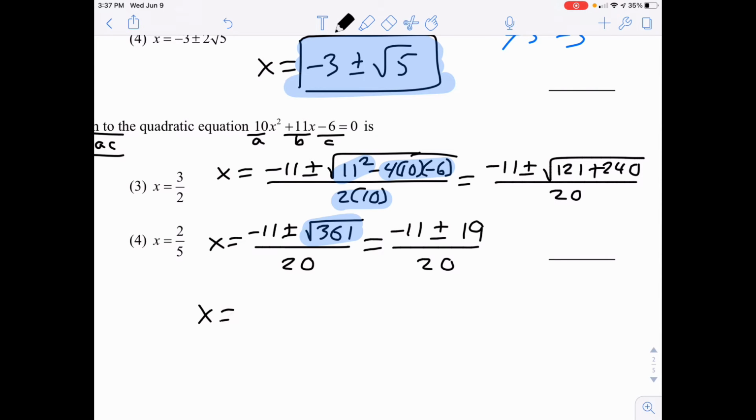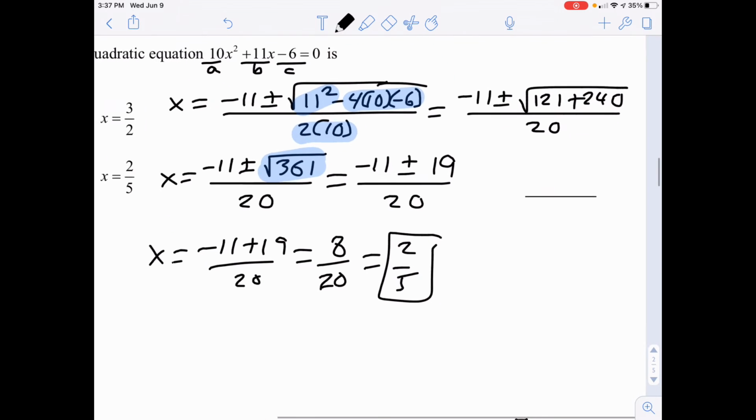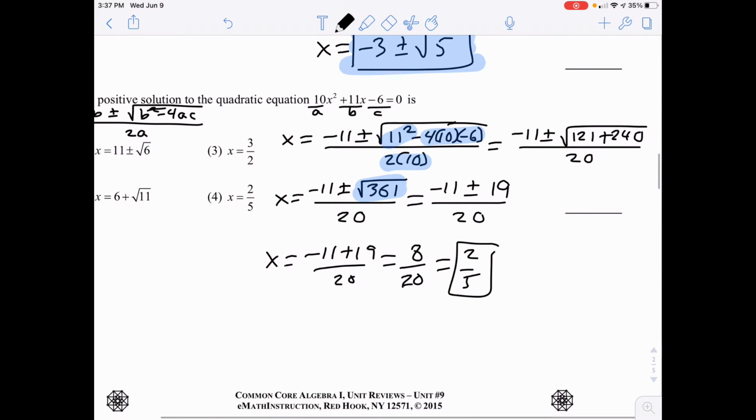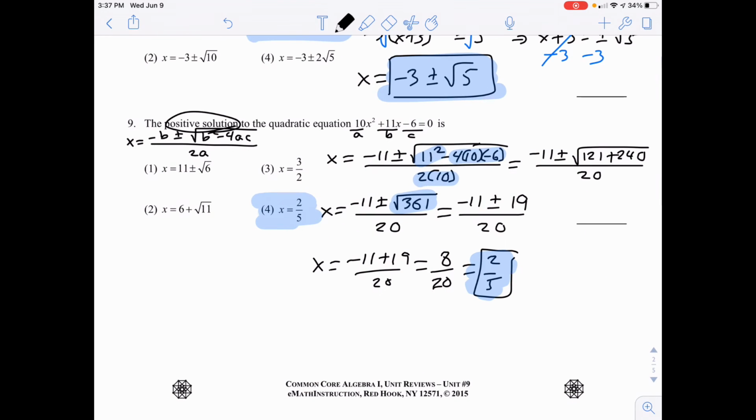So we have two answers, negative 11 plus 19 over 20, which would be 8 over 20, which would be 2 over 5. It's looking for positive solutions, so there's our answer right there. The other solution, the minus, would be the negative solution, but we're not looking for that in this problem.